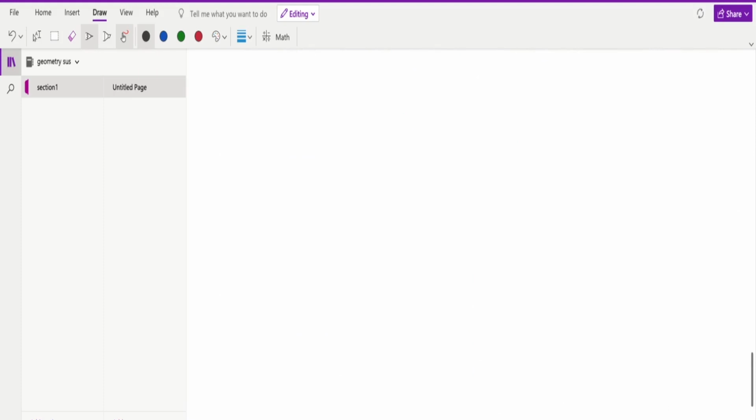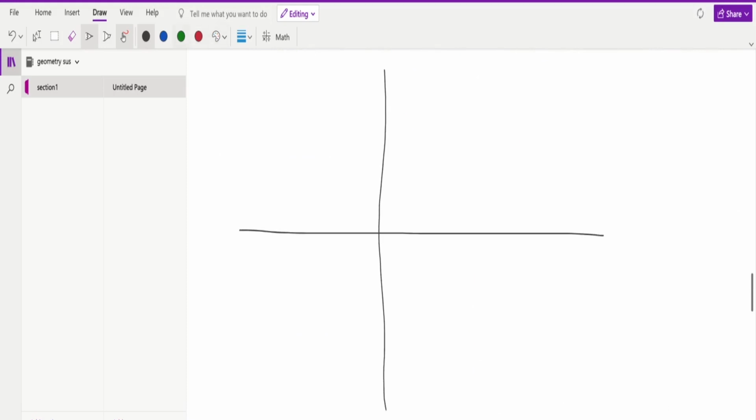So I'm going to go down and draw our coordinate plane. Going to put D right here. So this is D, and point D has a coordinate of 0, 0 since it's at the origin.